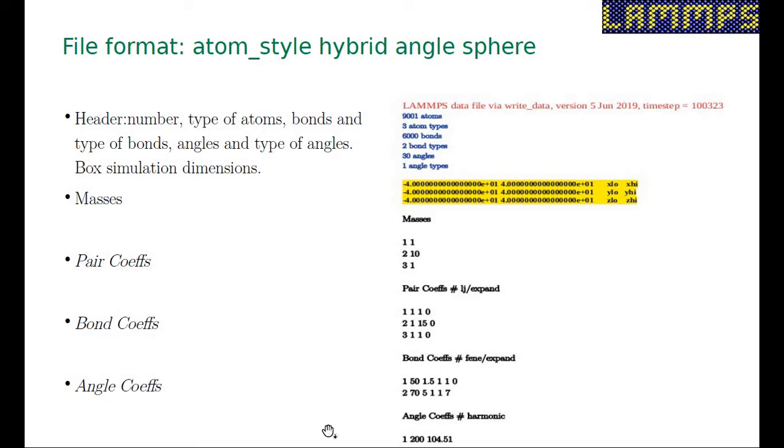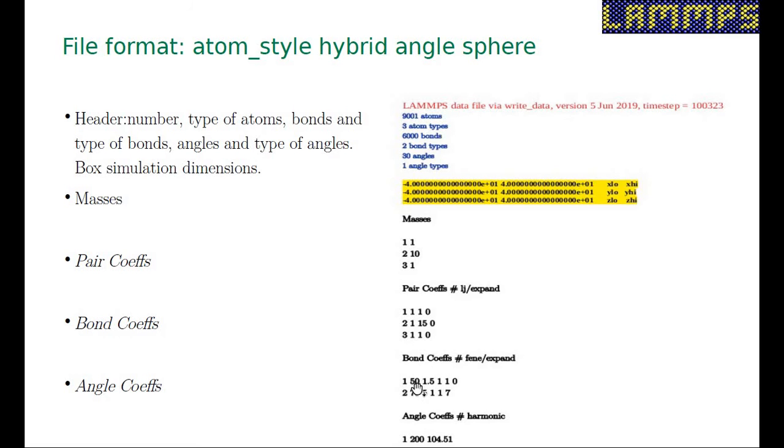and the angle coefficients. Here we need to be very careful when constructing these coefficients, because it's not as straightforward as the Lennard-Jones system. Here we need to consider the different diameters of the particles and the different spring constants for components of the molecules.